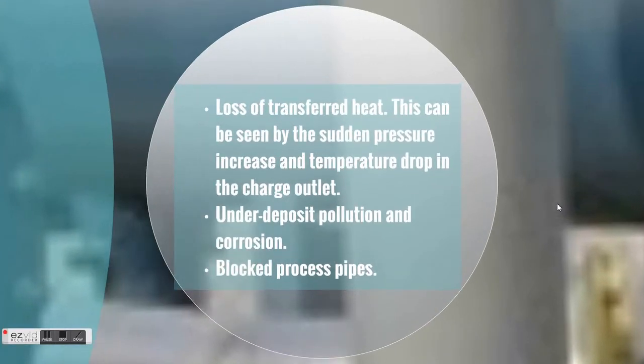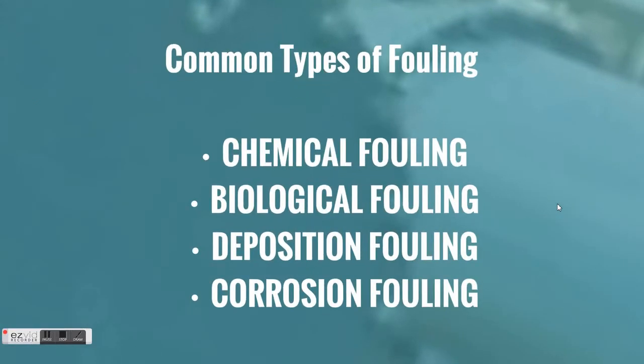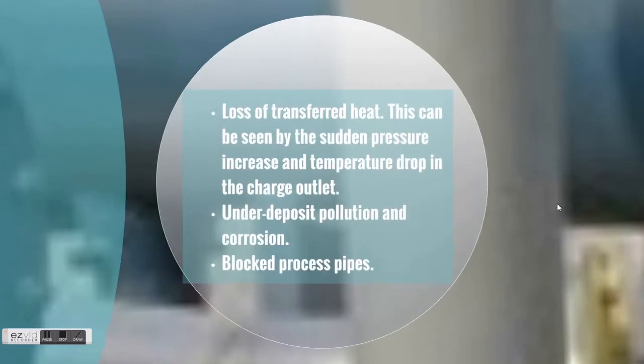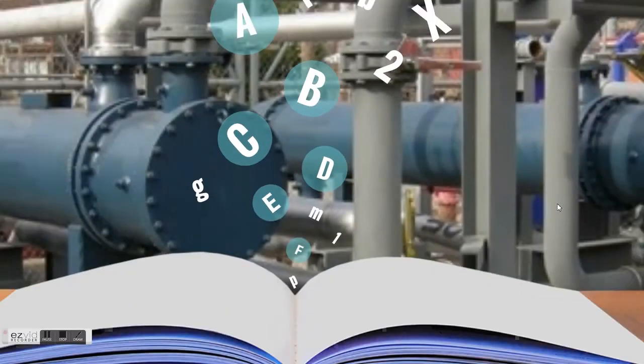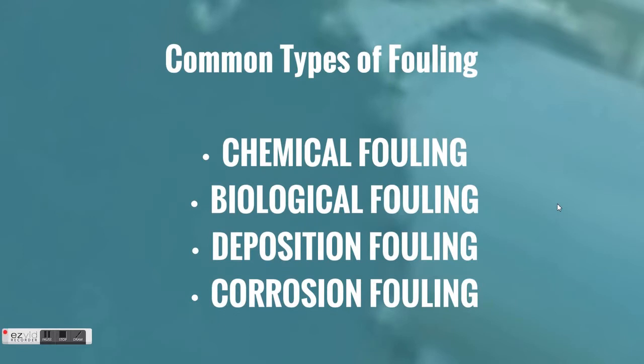Some major detrimental fouling effects for heat exchange units include loss of transferred heat, which can be seen by the sudden pressure increase and temperature drop in the charge outlet, under-deposit pollution and corrosion, and blocked process pipes. Where fouling in a heat exchanger has become hot, as in steam generators, it can cause problems with the formation of local hot spots. This can result in the ultimate failure of the equipment.